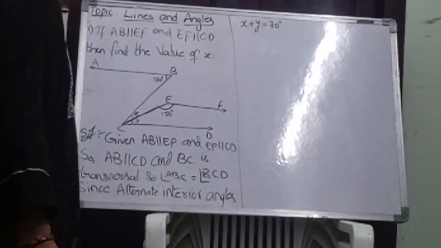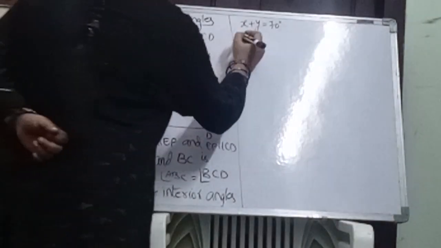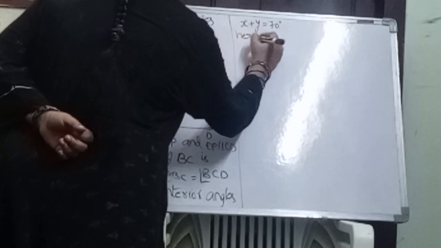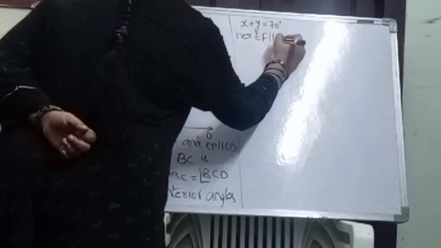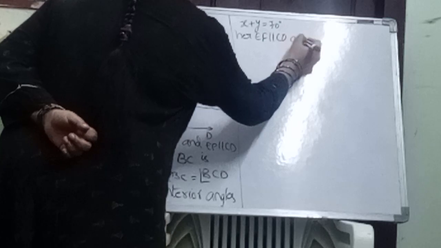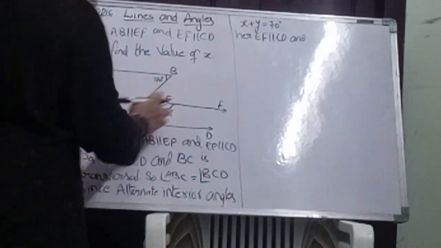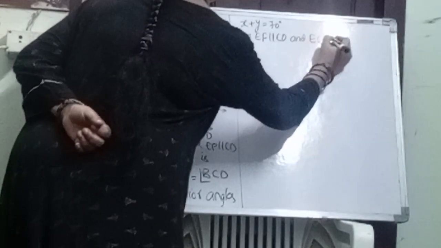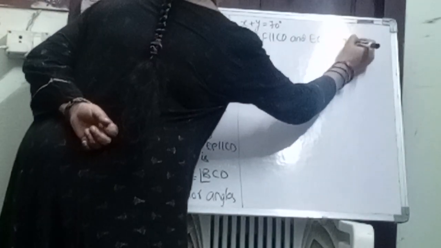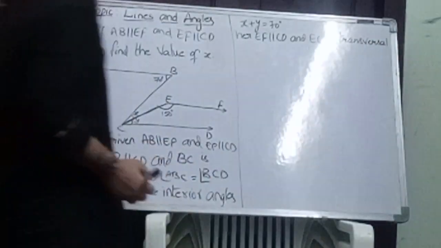EF and CD. Here EF is parallel to CD and EC is transversal.